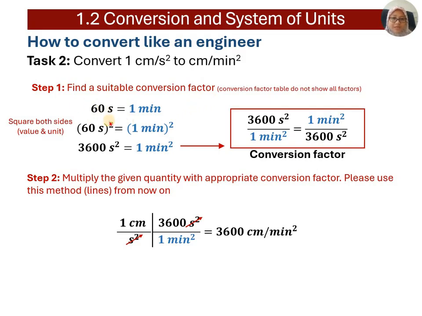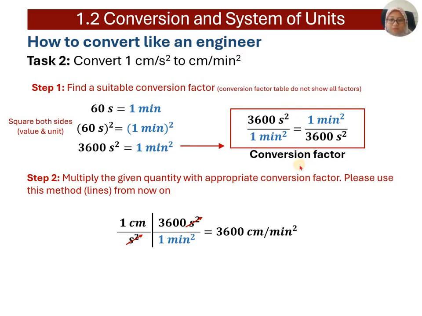We know that 60 seconds is equal to 1 minute. So since the unit is squared, we have to square both sides of the equation here. So this one will be 3600 second square and 1 minute square. And then only this part can be used as a conversion factor. So your conversion factor is here.